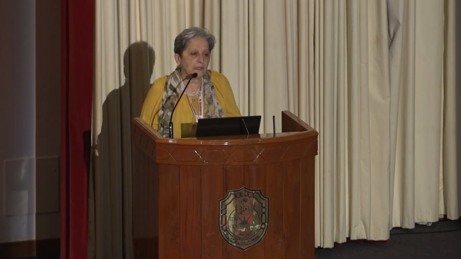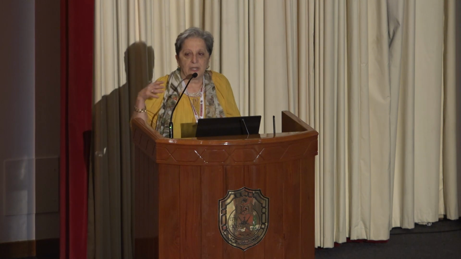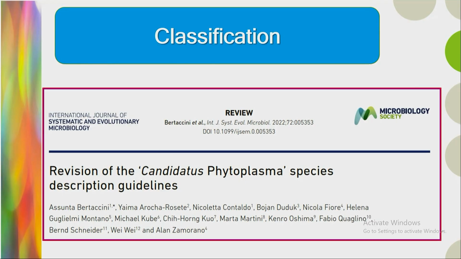Just to remind you, everybody is following the Candidatus Phytoplasma designation guidelines published in 2004. But after almost 20 years, the group that is part of IPWG and part of IOM, you hear mention of this word, maybe you are not familiar.